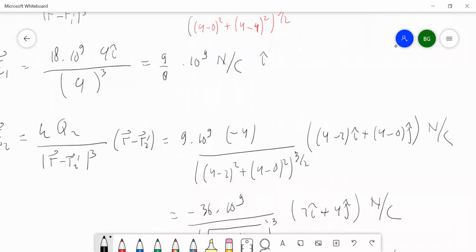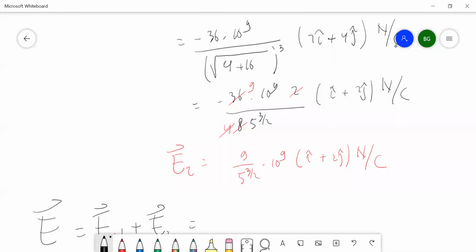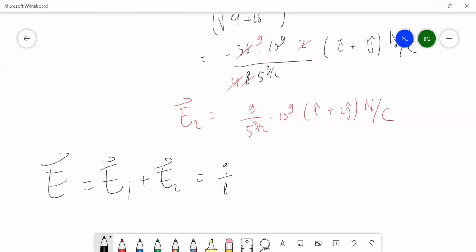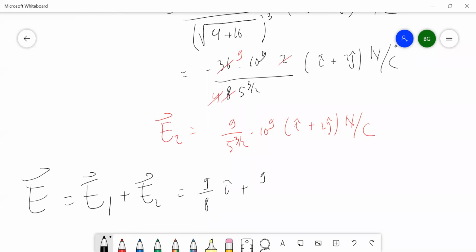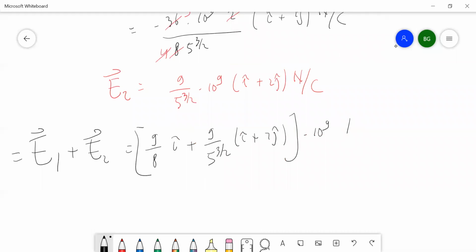And this is this one, 9/8 i times 9/32 i to j times 10 to the 9 Newton per coulomb. So this is the total electric field.